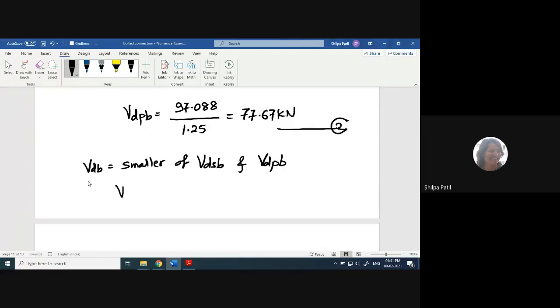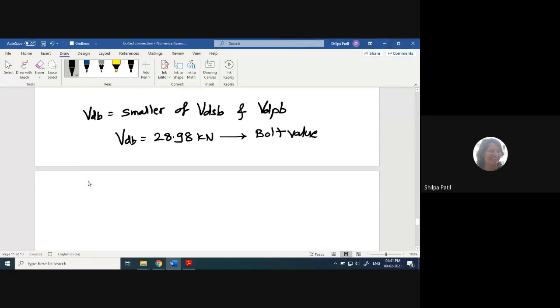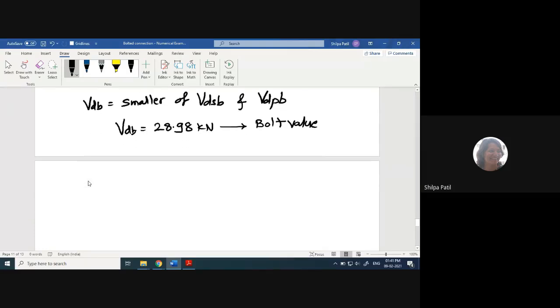So what is the smaller value? Vdb is Vdsb, which is 28.98. This is also called the bolt value. Sometimes the problem may ask to calculate the bolt value, so you must know the meaning of bolt value. So the bolt value is 28.98.